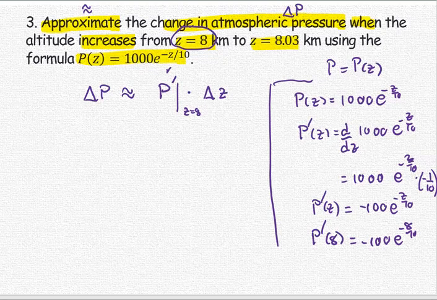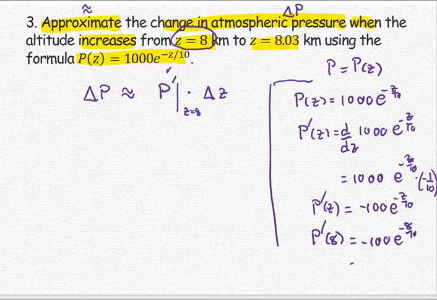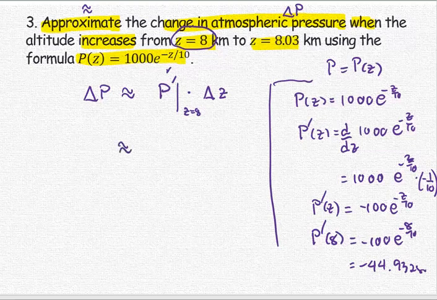So negative 100 times e to the negative 8 divided by 10, we get the number negative 44.9328 and so forth.